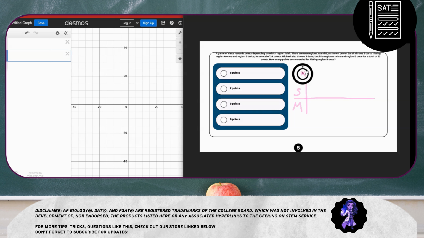Okay, so now that I changed region A to X, I'm going to do the same for B and change it to Y. So just a reminder, A is now X and B is now represented as Y. I chose this problem intentionally because in system of equation word problems, they're going to throw you off with other letters, so you're not quick to utilize the Desmos calculator.